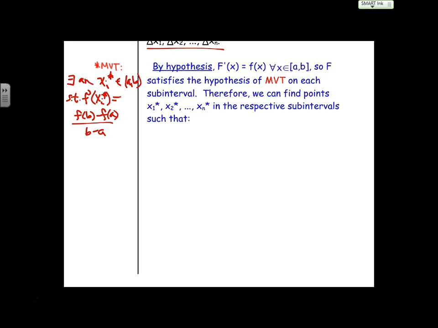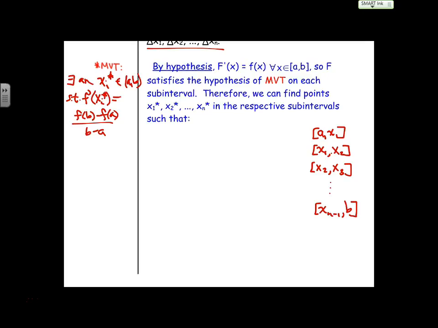On every single subinterval, we can say, for instance, on a to x1, and then we can say on x1 to x2, and then on x2 to x3. We can keep this going all the way until we get x sub n minus 1 to b. These are all the subintervals, however many we have, 5, 10, 100, 1,000,000.